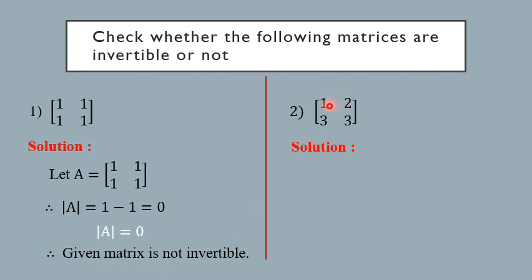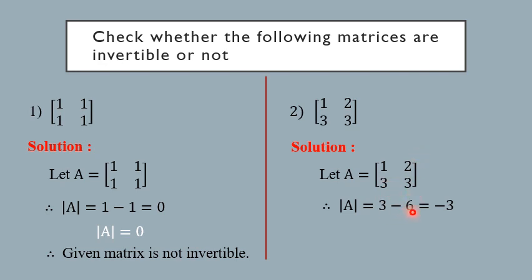Now in the second example, this is also a square matrix of order 2. Let this matrix be denoted by capital A, and to identify whether it is inversible or not, we find its determinant value. The determinant value of A is equal to the product of diagonal elements minus the product of reverse diagonal elements. So here the product of diagonal elements is 1 into 3, that is 3, minus 3 into 2, that is 6.